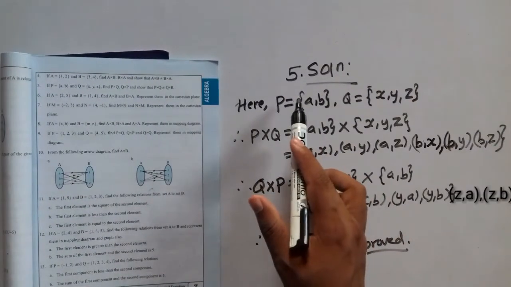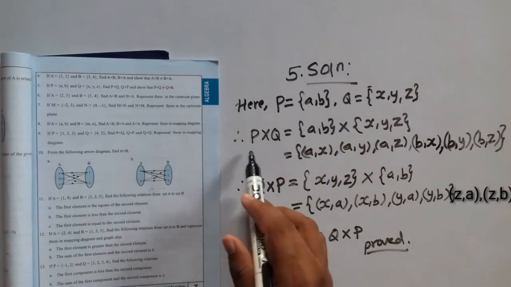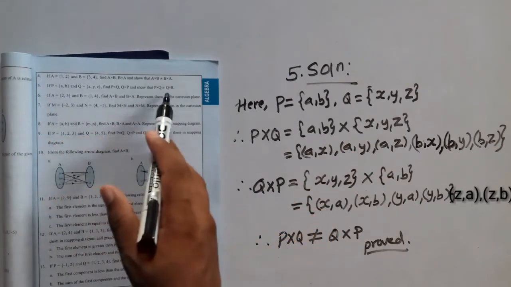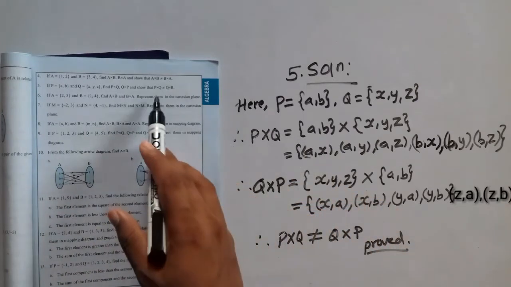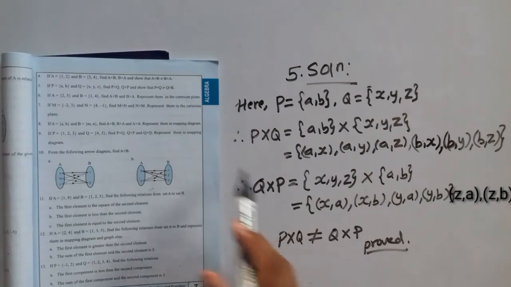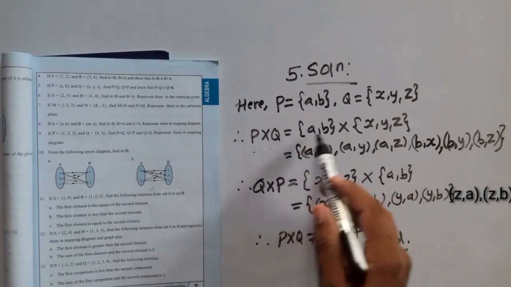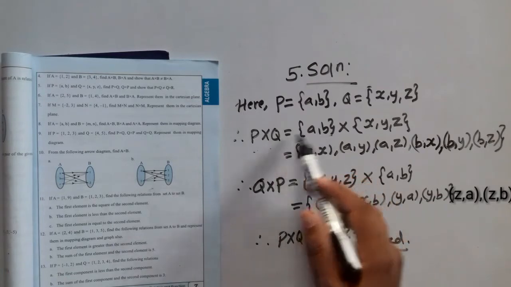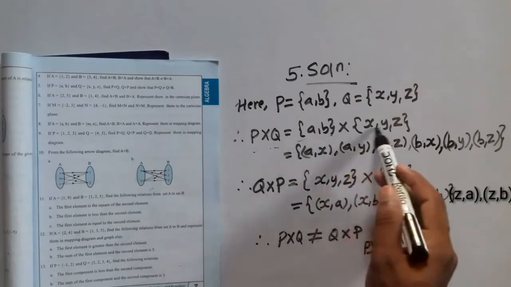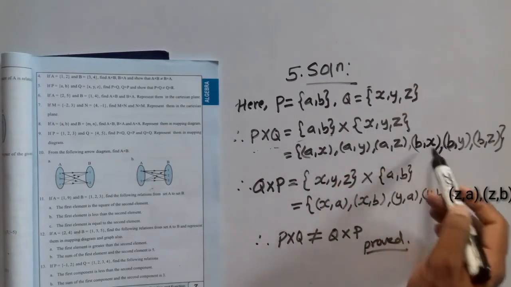In question number 5, these two sets are given. From these given sets we have to find the Cartesian products P cross Q and Q cross P, as you can see here. Then we have to prove that P cross Q is not equal to Q cross P. We have found P cross Q by writing first set P, then Q: AX, AY, AZ, BX, BY, BZ.